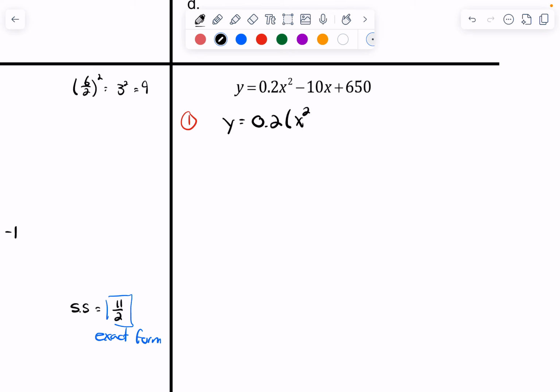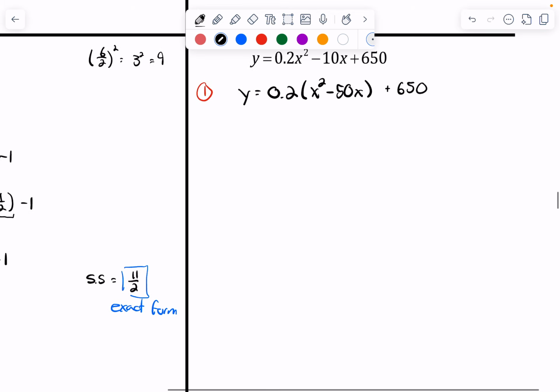Actually, I want to double check. 10 divided by 0.2, sorry. Minus 50x. I thought it was that, but I want to double check. Don't have to restart this video. 0.2 x squared minus 50x, and then plus 650. Okay, so we're dealing with big numbers here, and small because it's a decimal.